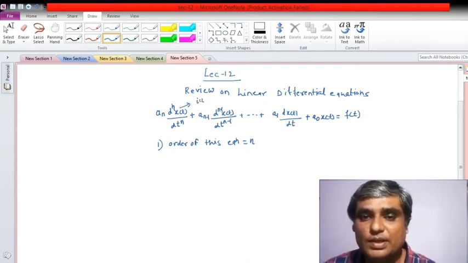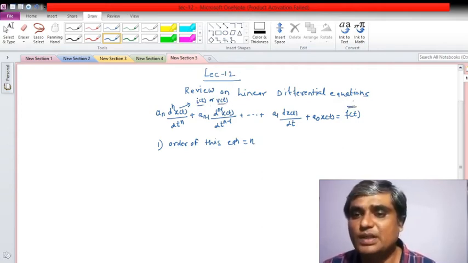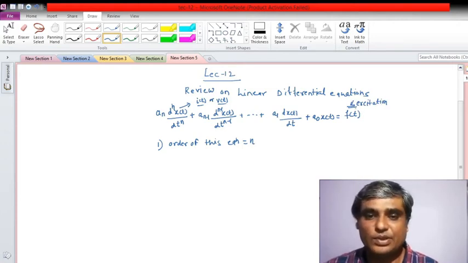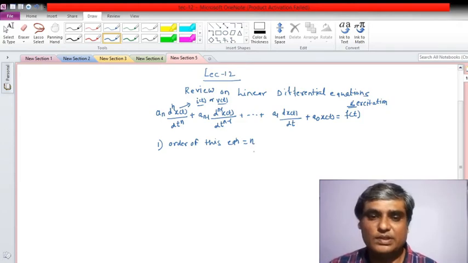Maybe your current i(t) through any branch, or voltage v(t) across any branch, which I would like to find out. And what will be on the right hand side? That will be my excitation or input or driver, which is given to drive the network.